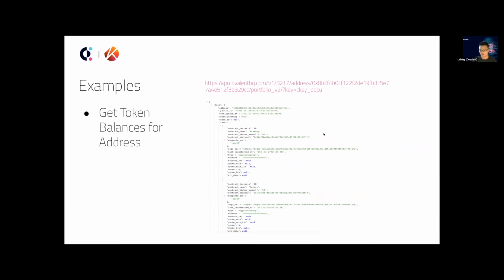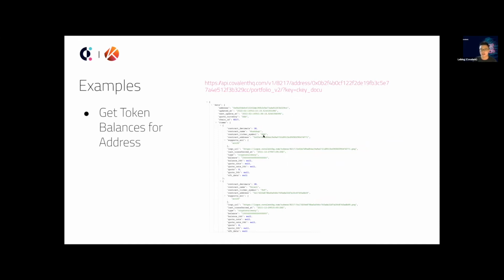And just to give you an even more granular example of what kind of thing you'll be looking at if you're a dev, you go to this URL, right, this endpoint, and I've inputted an address from the Klaytn network. This address is from the Klaytn network. This is the chain ID. And you can see here, this is our get token balances for address endpoint. And this is the sample response.